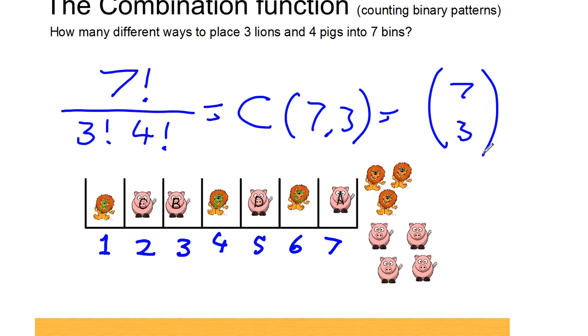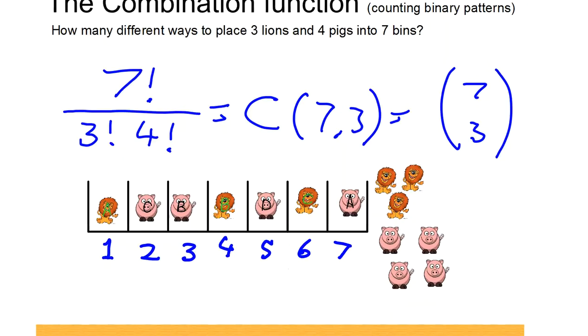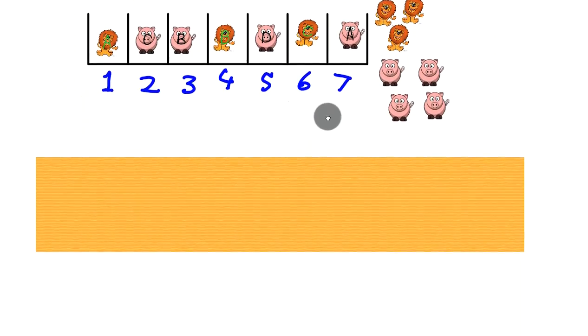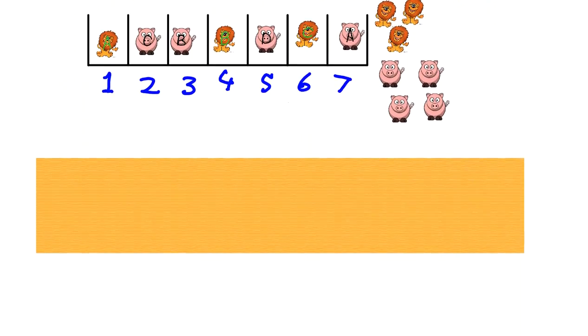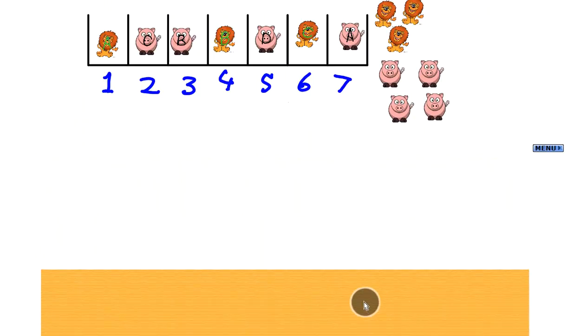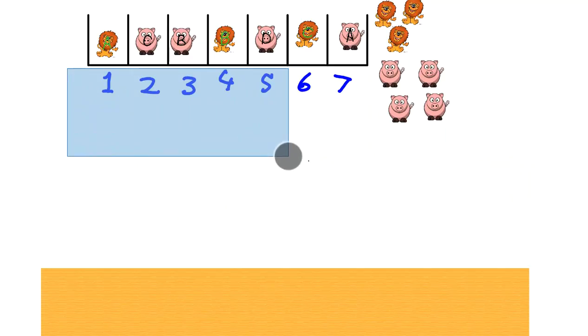Okay, so that's what we get. And now let's write a general equation for that. So maybe we'll move this a little up and move this down. And now focus on this area here. What I'm going to write is the general equation for the combination function.